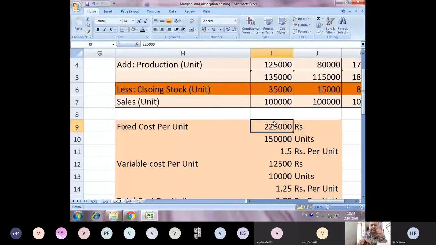Agree? And variable cost 1.25 is given in the example. 1.25 is available on page number 41. You can see an underline. So what is the total cost? 1.5 plus 1.25. It is 2.75.